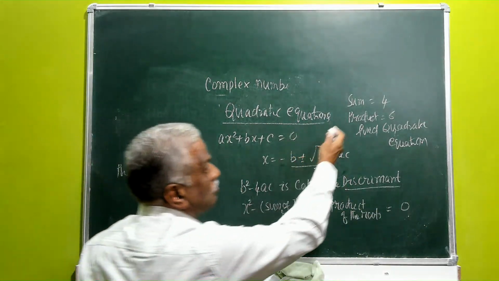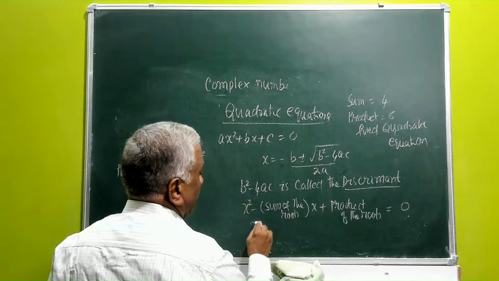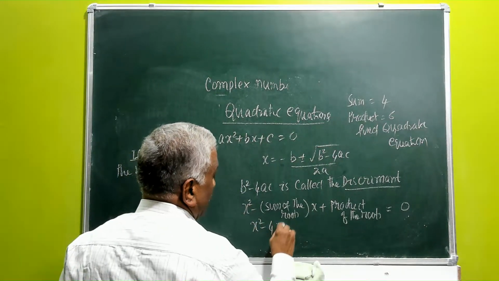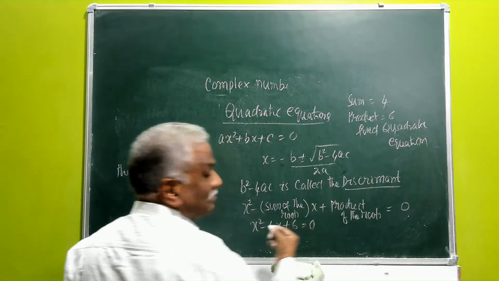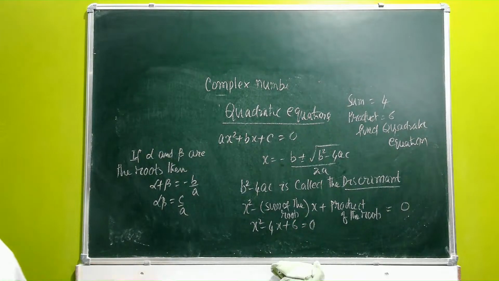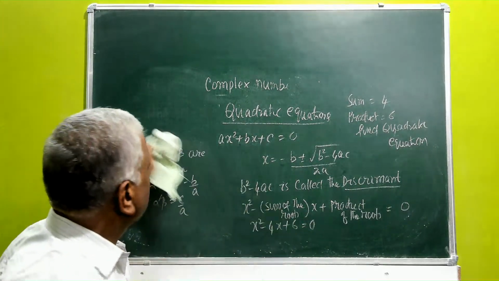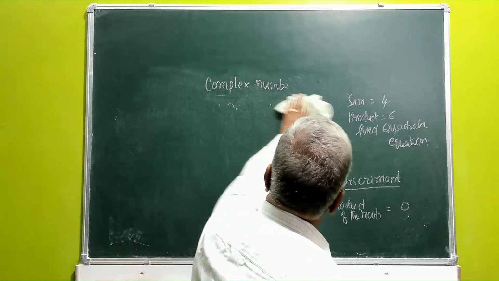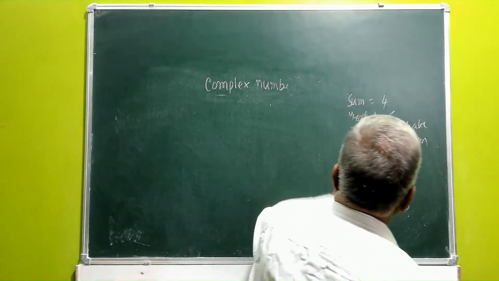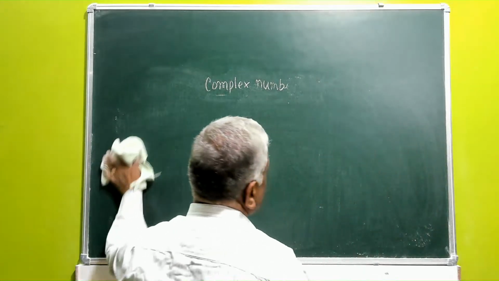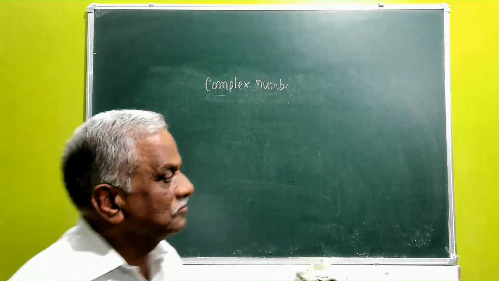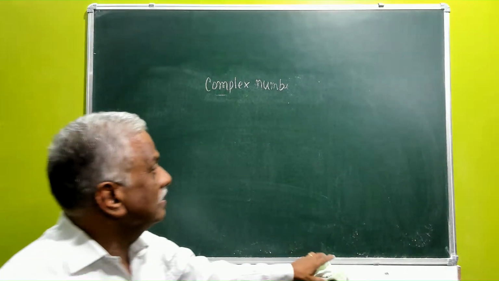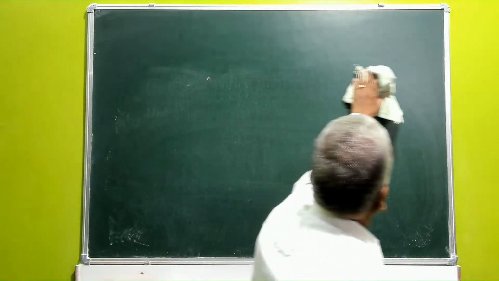So for this problem, sum is 4 and product is 6, and therefore you can write the equation as x square minus 4x plus 6 equal to 0. Earlier there were problems based on finding 1 over alpha plus 1 over beta, things like that. Nowadays we don't find those questions, in case it is repeated. So you should know how to get alpha plus beta and alpha beta.